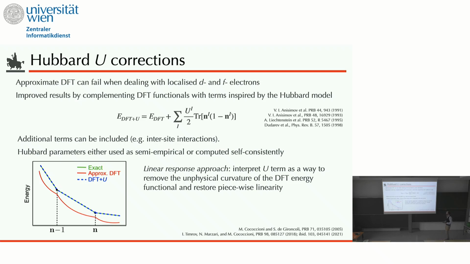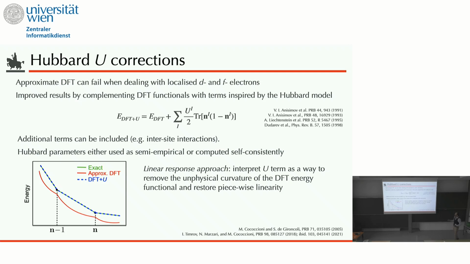where essentially we exploit this additional term, which is quadratic in the density, to correct an error of approximate DFT, where the energy of a system as a function of the fractional occupation of your manifold, instead of being piecewise linear as in the exact theory, in approximate DFT typically has a spurious curvature.